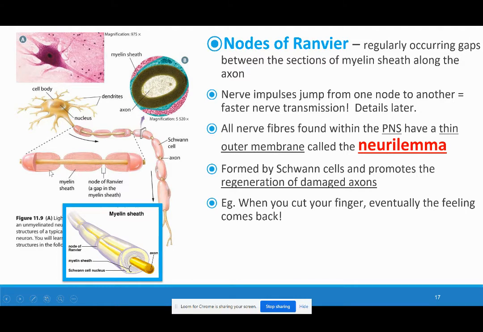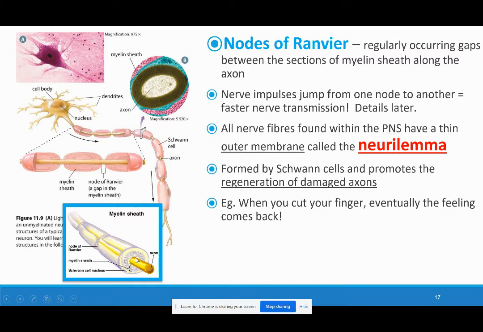You can see the yellowish axon, okay, that's running underneath it. But these inner linings or wrappings is the myelin sheath, and that is responsible for speeding up nerve transmission. So the myelin speeds up nerve transmission. And we'll talk about the details of that a little bit later.